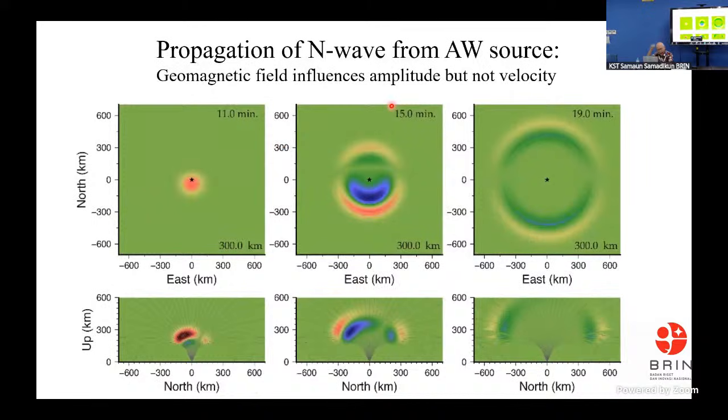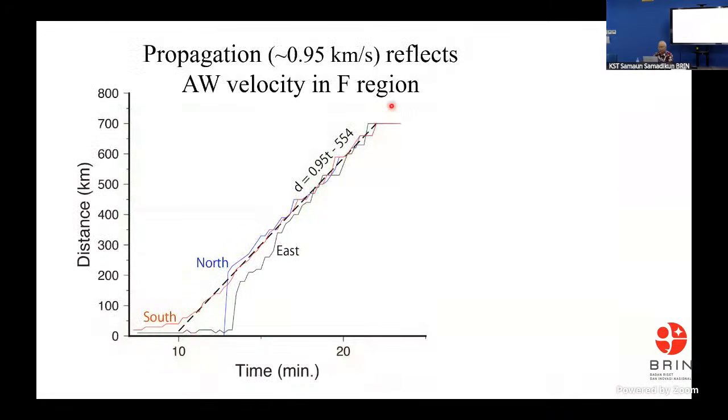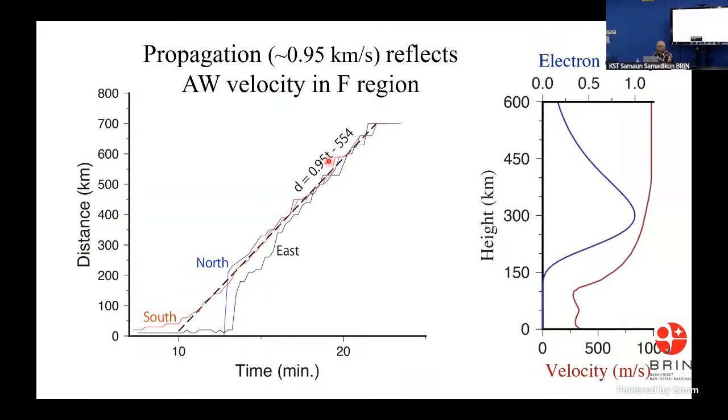So this is a typical propagation of the acoustic wave from the epicenter, and the arrival time is a function of the distance. This is an empirical equation to get the distance from the travel time. I use this equation, and this is based on the acoustic wave velocity profile.